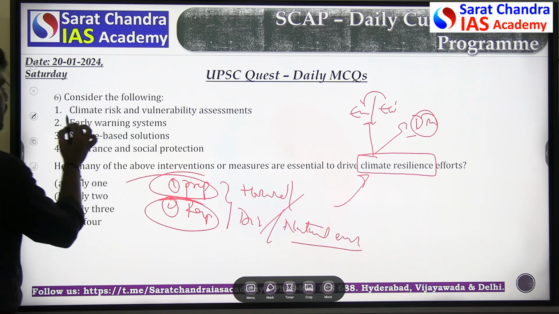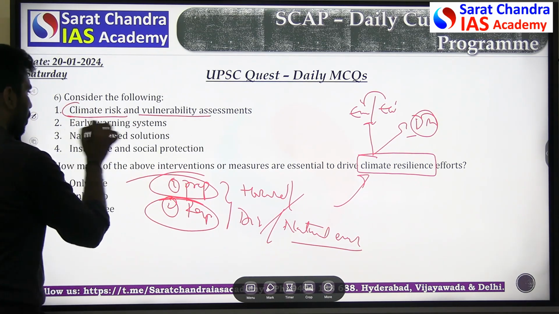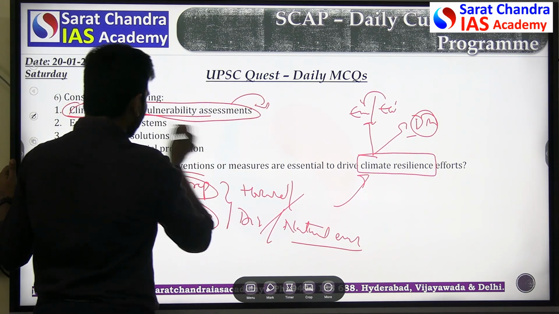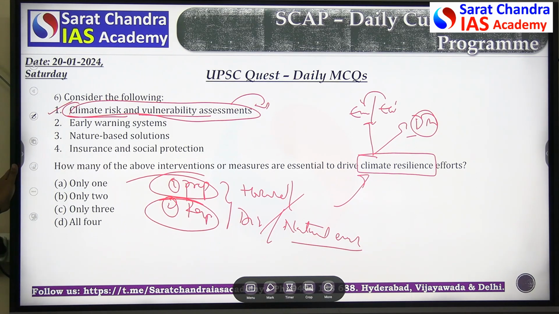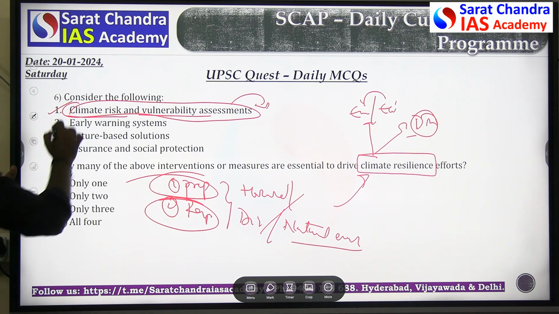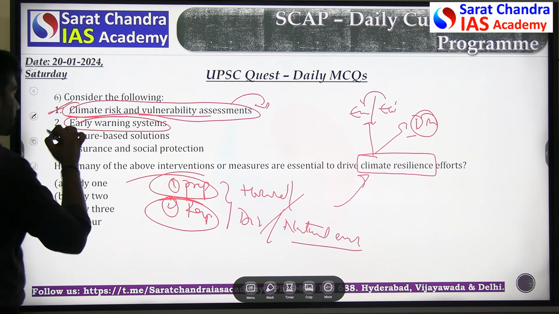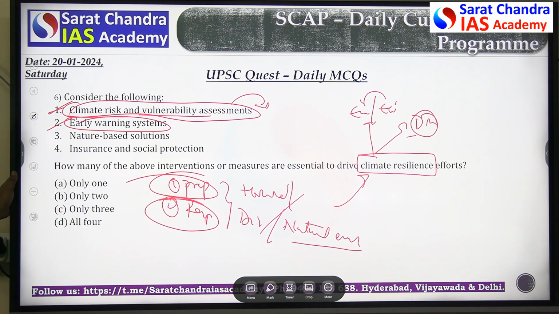Which of the following comes under climate resilience efforts? First one is climate risk and vulnerability assessment. Yes, obviously in disaster management also, climate risk assessment and vulnerability assessment is the first and foremost one. We need to assess the risk and the vulnerability, right? So this is correct. Second one, early warning systems. This is one of the most crucial parts. If any cyclone or thunderstorm comes, we receive the message from the meteorological department.